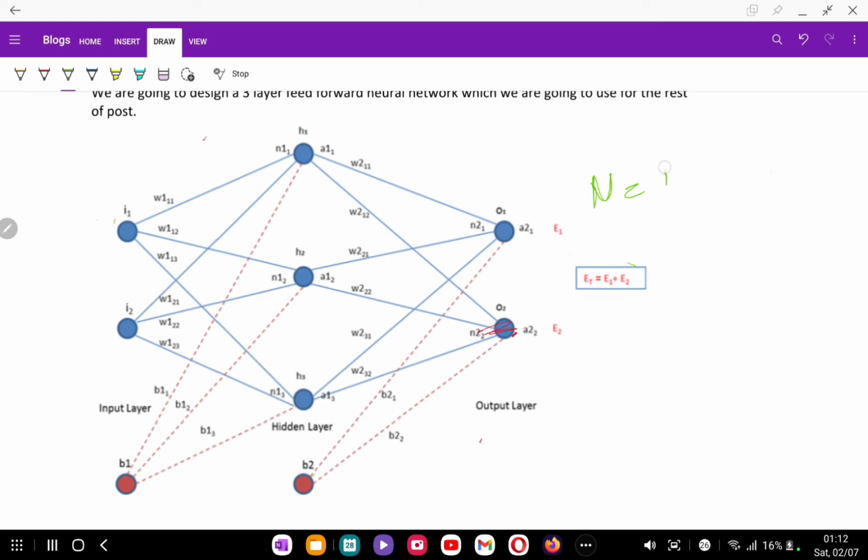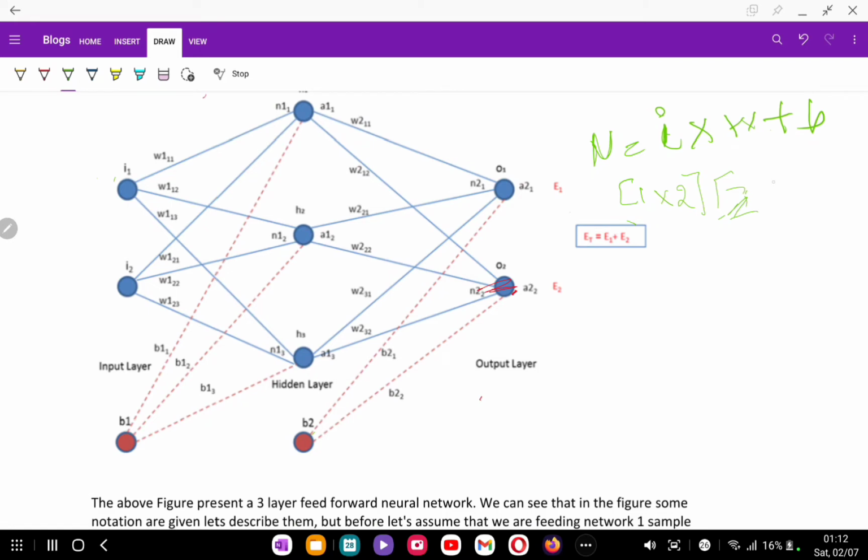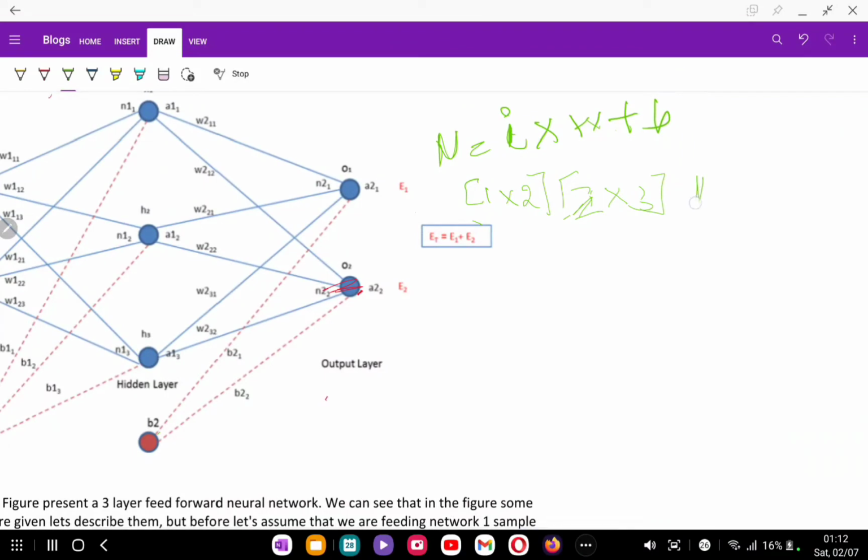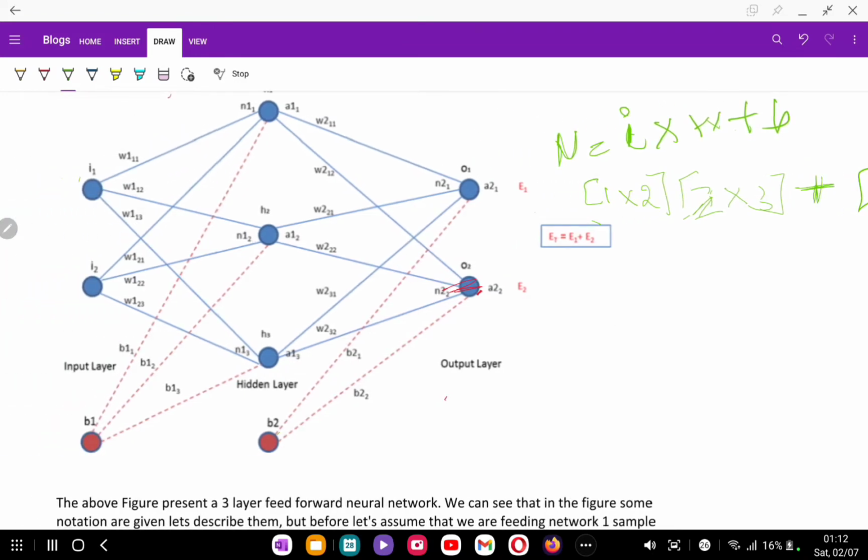It's I times W plus B. Okay, I is 1 by 2, W is 2 by 3, and your B is 1 by 3 because it is connecting to 3 nodes.